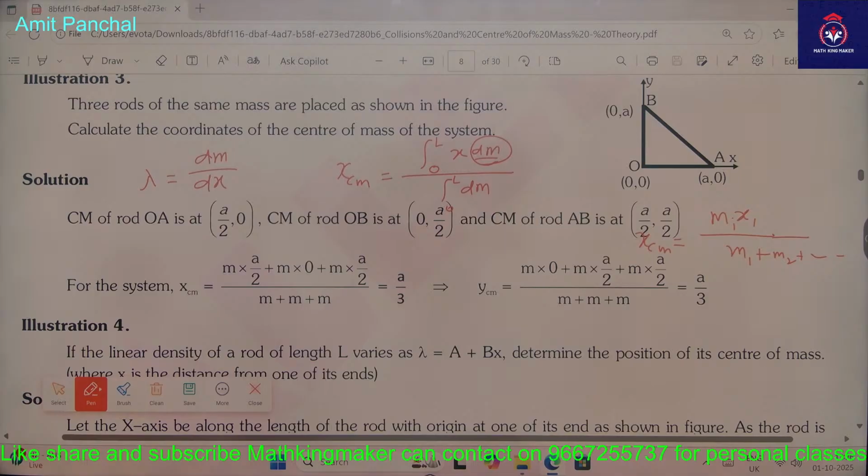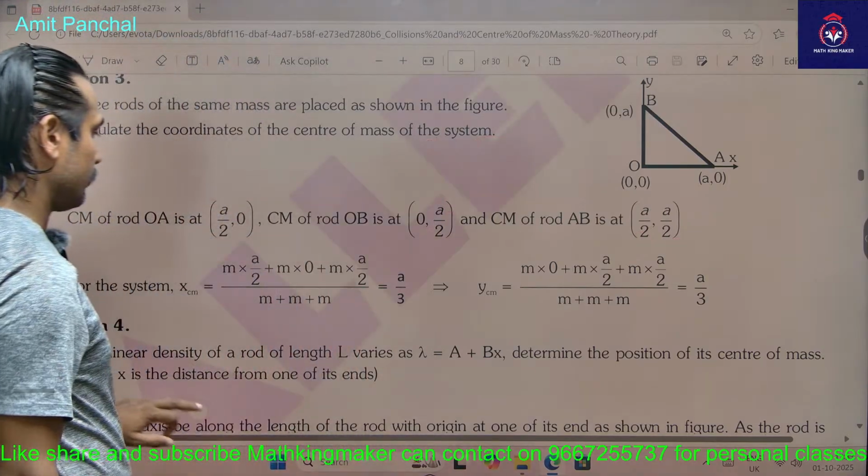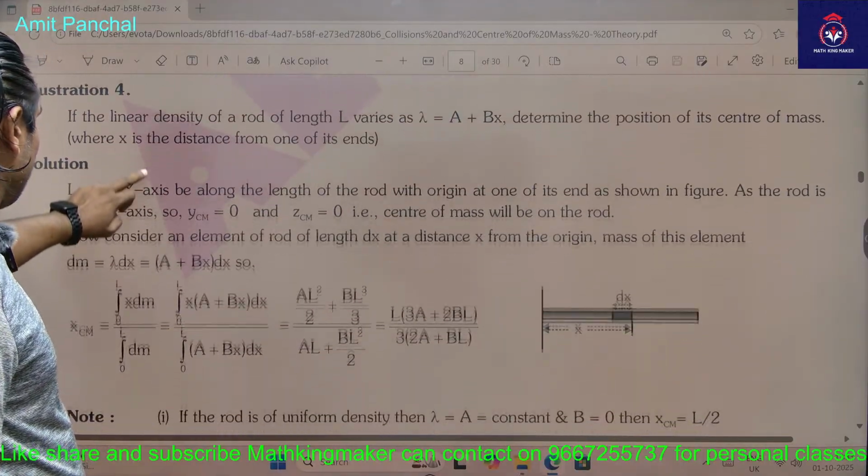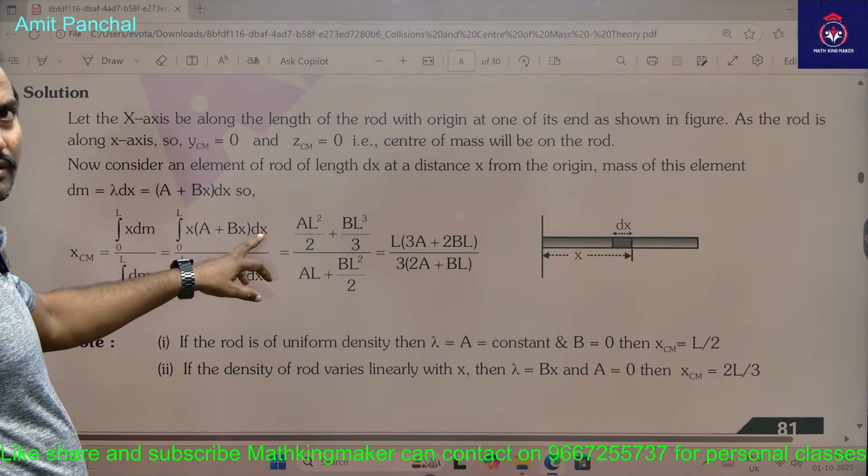It's coming up with the integration from 0 to L of x(a + bx) dx. At the place of dm you have put (a + bx) dx.